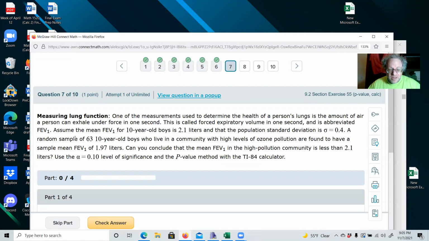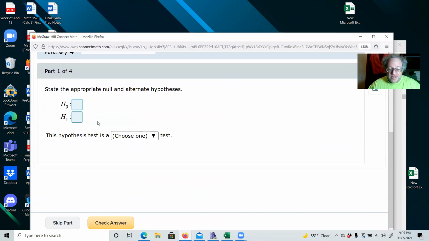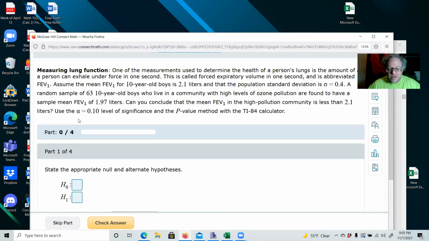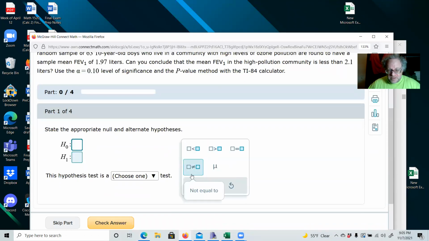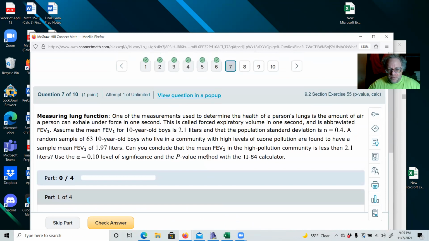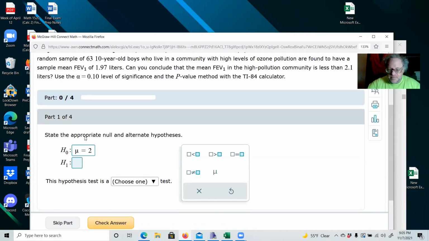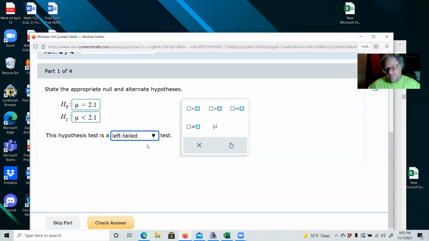Okay, so we'll go back here. Okay, and again, all the 5 steps were done. So mu is equal to, what do they want? They wanted 2.1. Okay, 2.1. And the alternative hypothesis is mu is less than 2.1. Okay. The hypothesis test is a left-sided tail. I generally don't bother asking you for this.